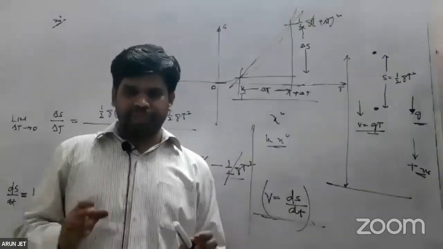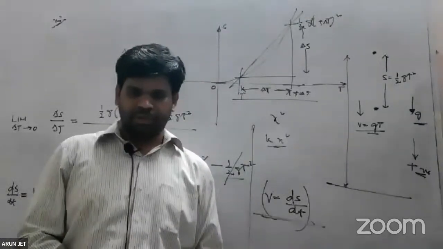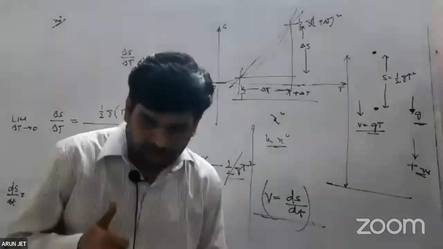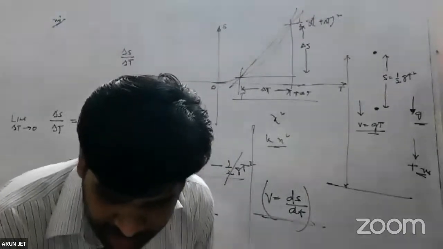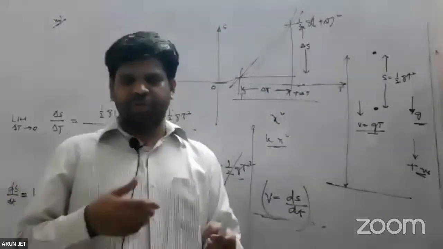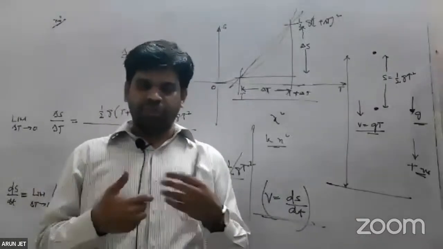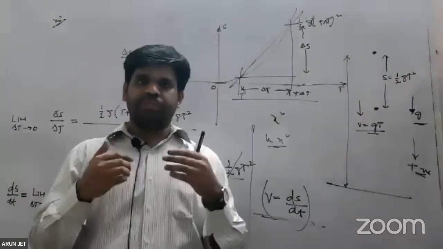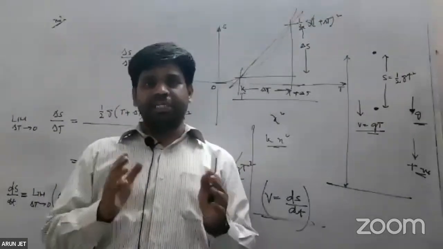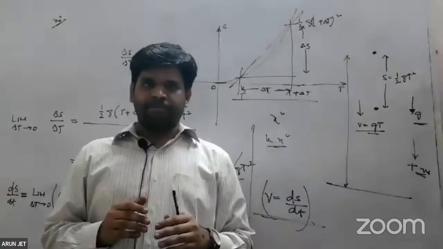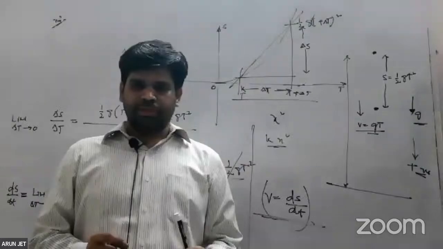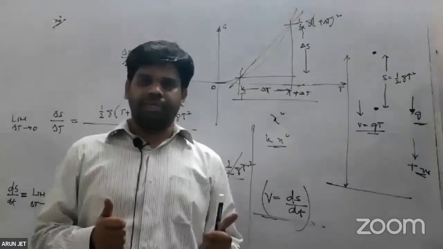If you don't respond, I'll presume you have understood. Vaji says yes. Please respond, students. It's online, so it will be difficult if you don't interact. Otherwise it seems as if I'm speaking to the wall. Class goes quicker if you respond quicker.